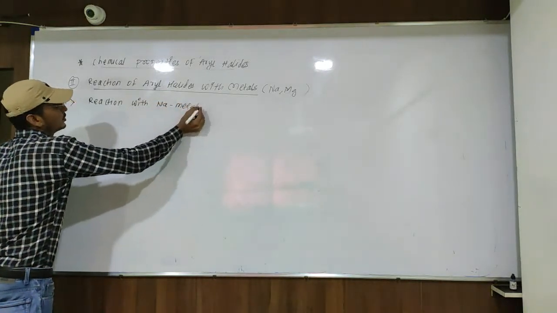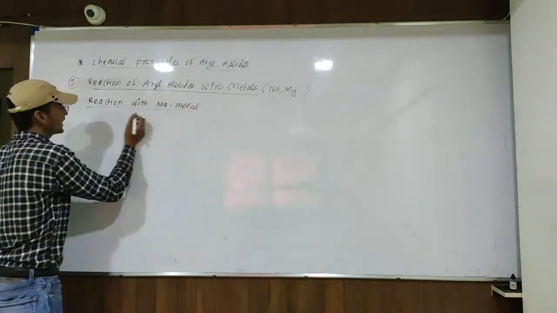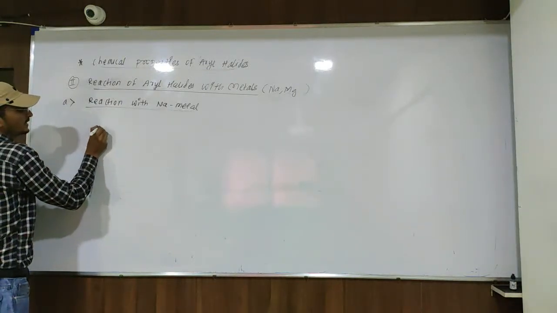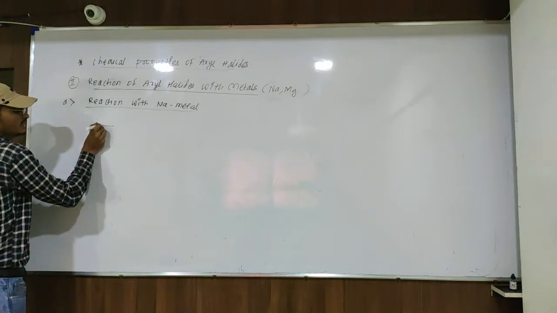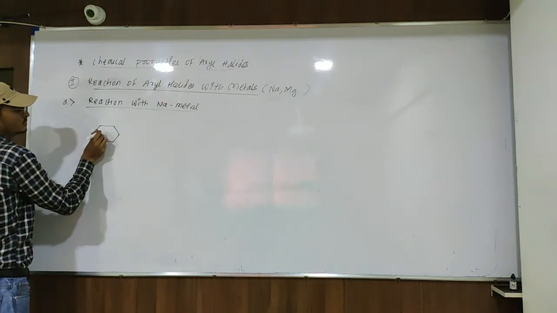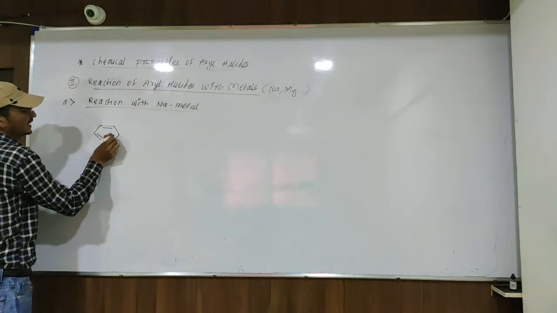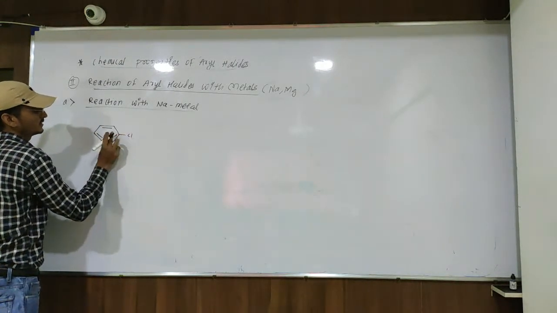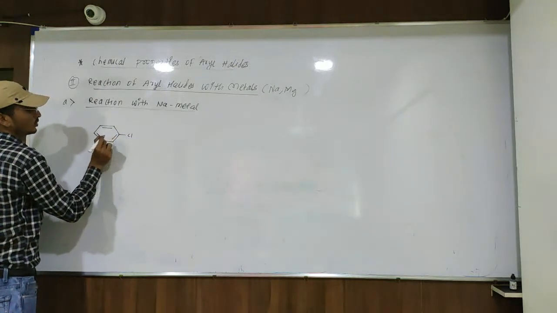And you know very well sodium metal is highly reactive with water, so in the reaction condition there is a need of solvent. That solvent is nothing but dry ether. So this is chlorobenzene.